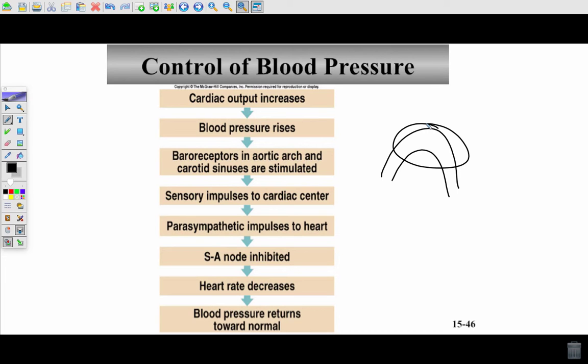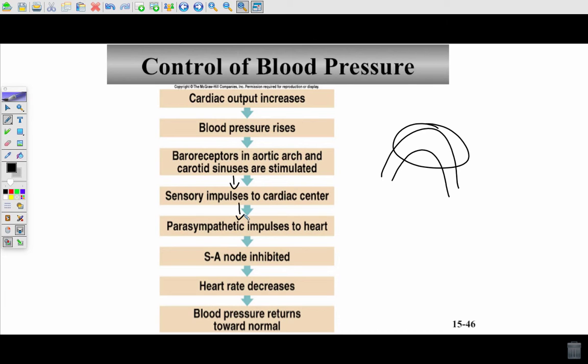These are stimulated to say, hey, blood pressure is going up. And they send a signal to the medulla, to the cardiac center, to say, hey, blood pressure is going up, this is a problem. The cardiac center can increase its parasympathetic impulses to the heart.